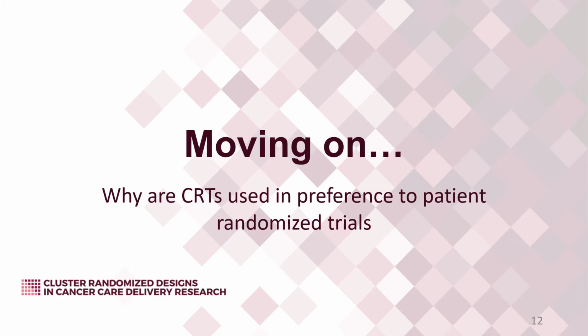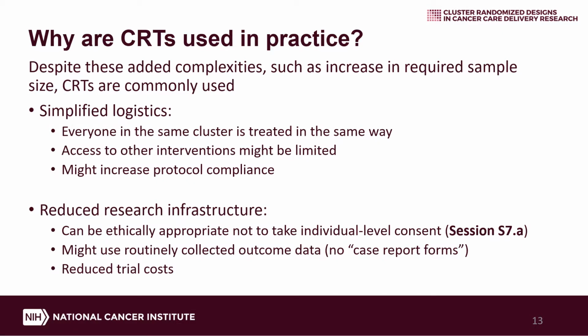So, given all of those disadvantages, why are cluster randomized trials used in preference to patient randomized trials, we might ask? Despite these added complexities, such as the increase in required sample size, they are commonly used. They can often, but not always, simplify the logistics of the trial processes. And this is because everyone in the same cluster is treated in the same way.